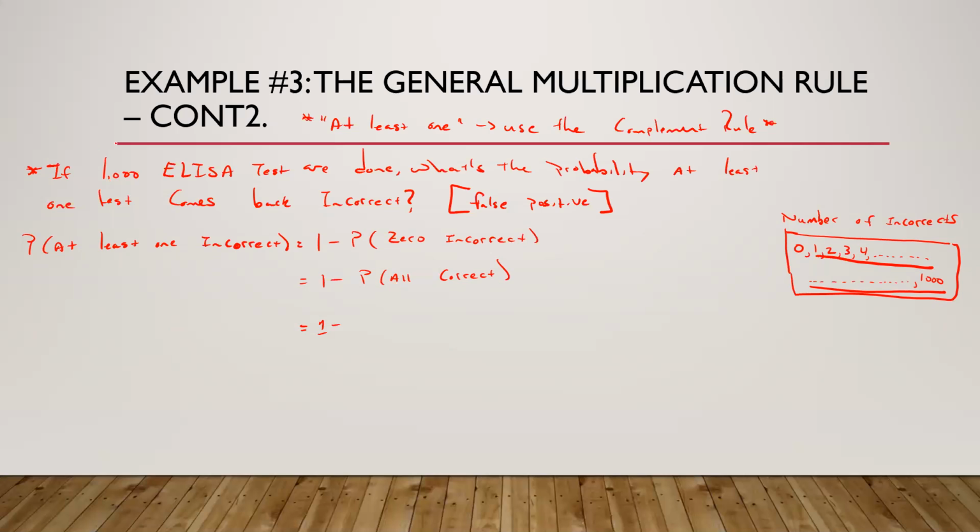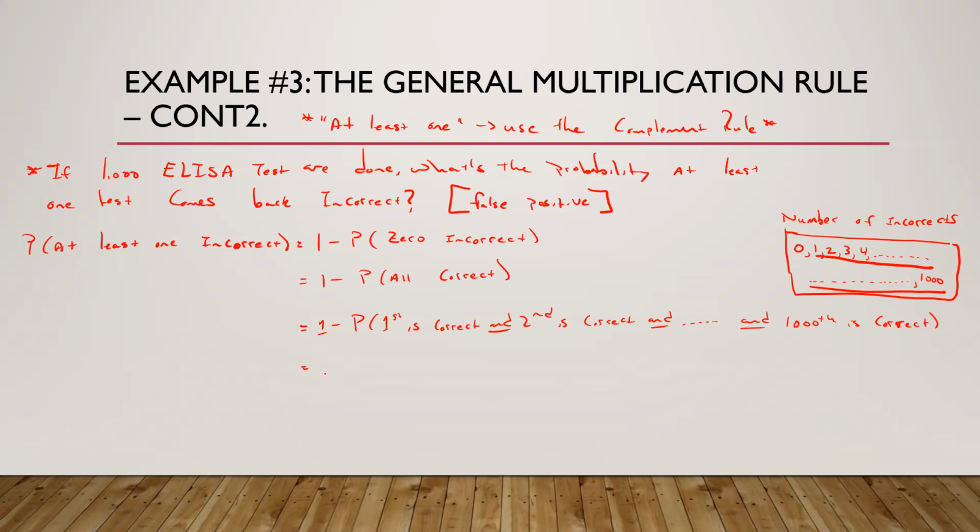If you want to find the probability that 1,000 tests come back all correct, the first is correct, and the second is correct, and you would keep going all the way to the 1,000th test is correct.